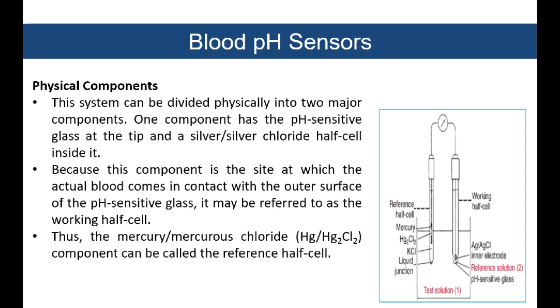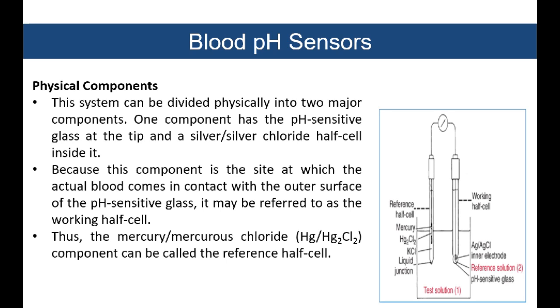In the diagram we can clearly see the left one is called the reference half cell, in which the mercurous chloride is added with the KCl and liquid junction.